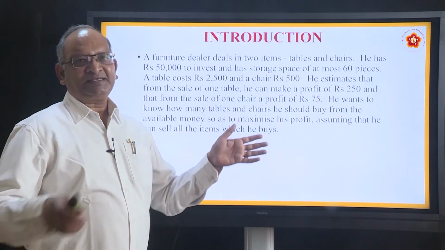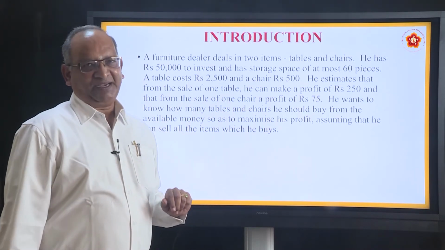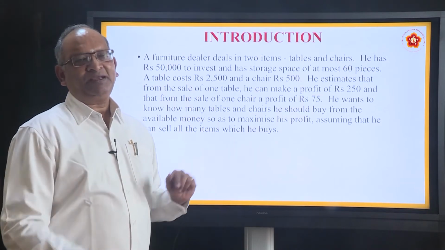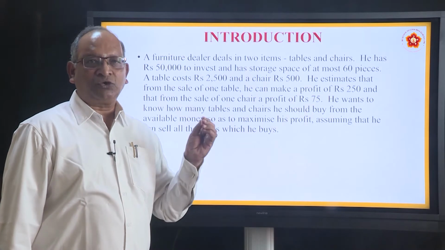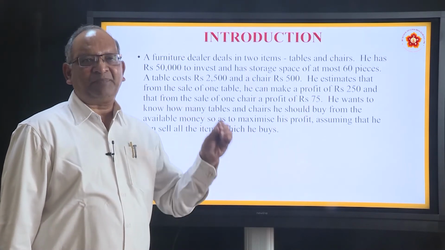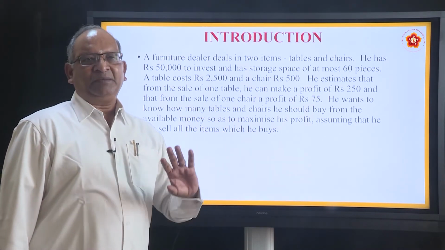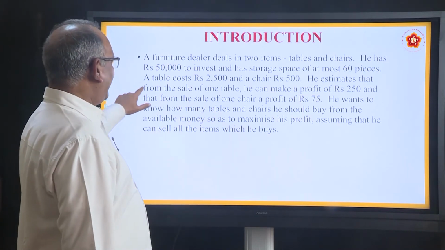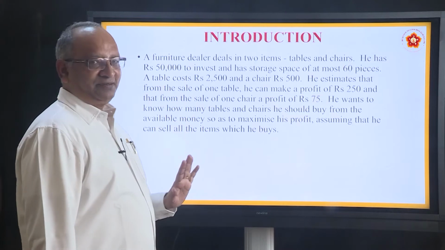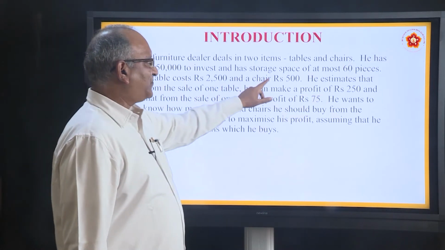We know that all these things cannot be displayed. So, he has got a small storeroom, you can call it a godown, which can store a maximum of 60 pieces, whether tables or chairs together. A table costs 2,500 and a chair costs 500.